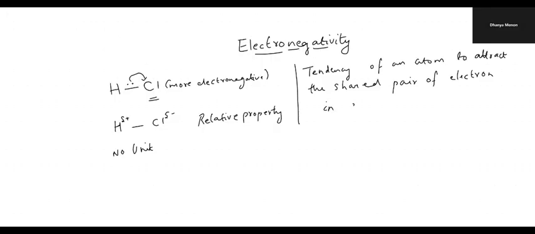Please remember the term attract, not accepting. Attracting the shared pair of electrons, not in an individual atom but in a covalently bonded molecule, and it does not have any unit.